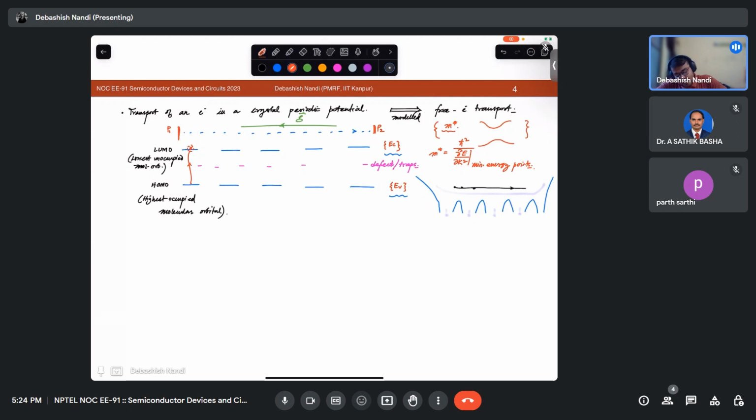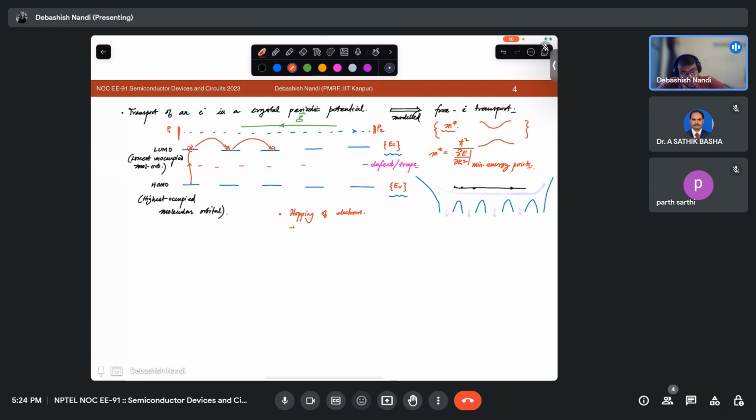Generally what happens is that these electrons hop from one place to another. This is called hopping of electrons.